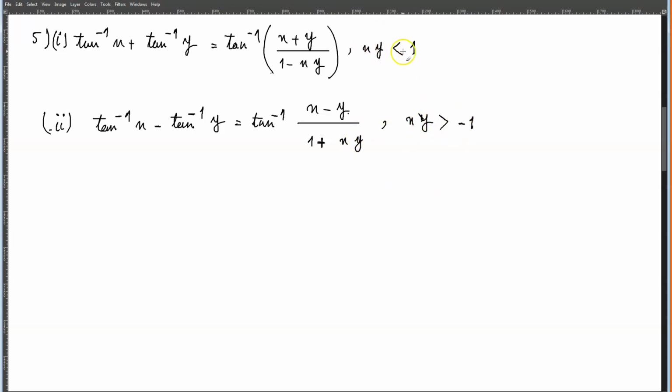So this is x times y less than 1, and this is x times y greater than negative 1.